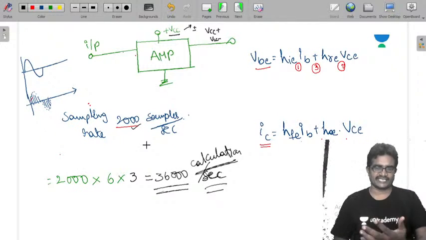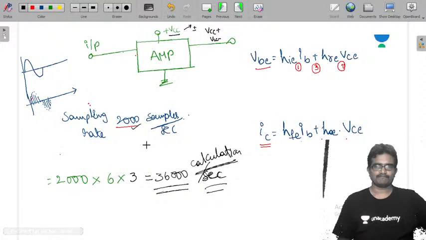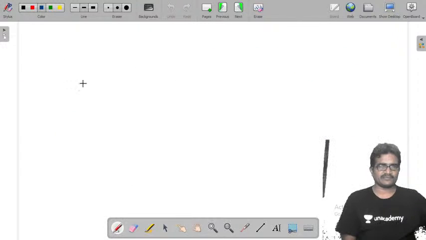Now we go and check, is there any possibility to reduce number of calculations? We check it. Okay, now for that I am taking the regular amplifier for better understanding purpose.